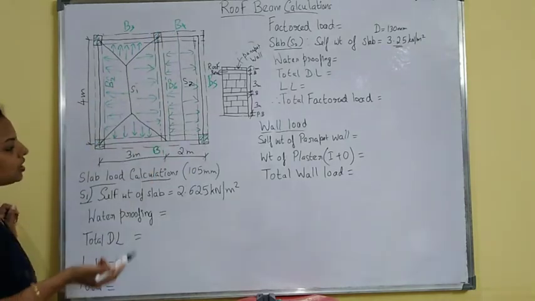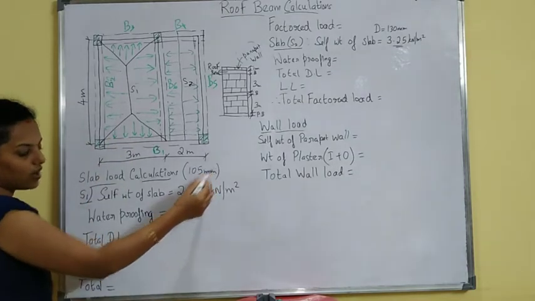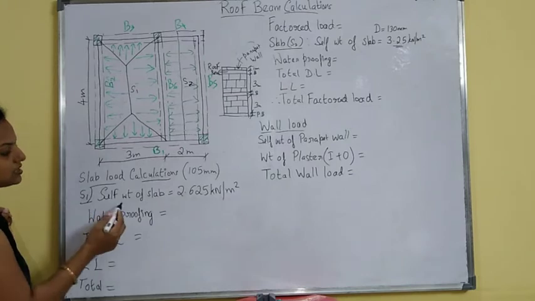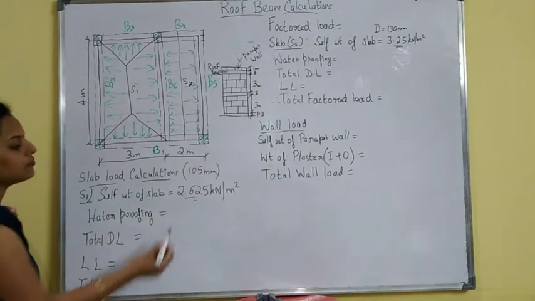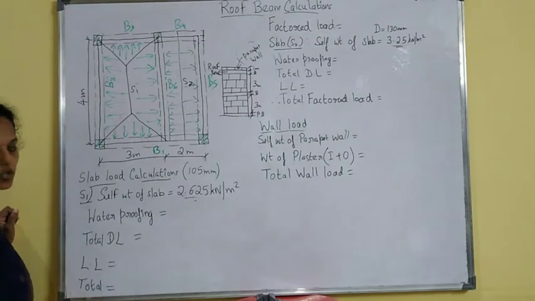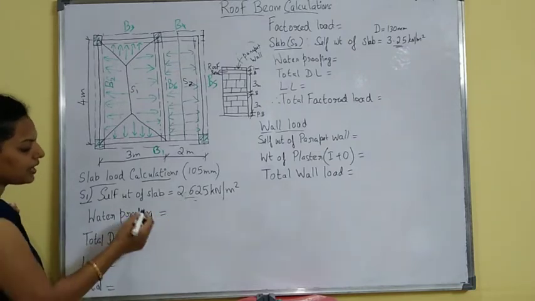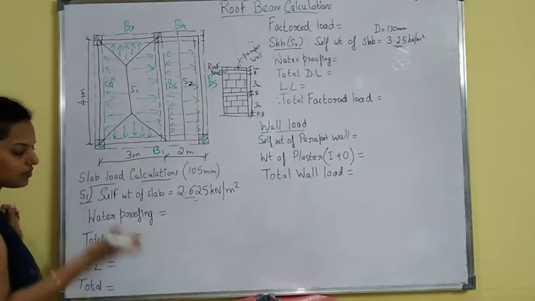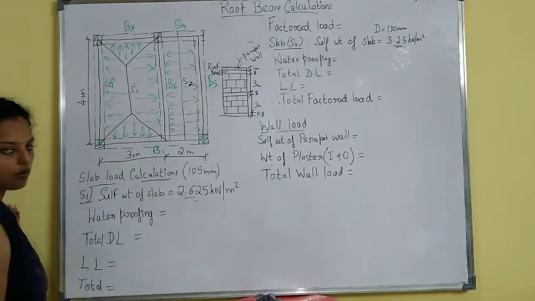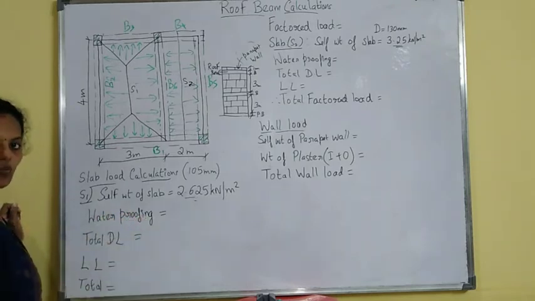one-way slab. Okay, first we got S1, the two-way slab, with depth 105 mm, and hence the self weight of the slab, based on this thickness, is 2.625 kilonewton per meter square, that is thickness into density of concrete, 25. Next, if you put PCC, you can even consider the weight of flooring also, otherwise I'll consider directly the waterproofing course.